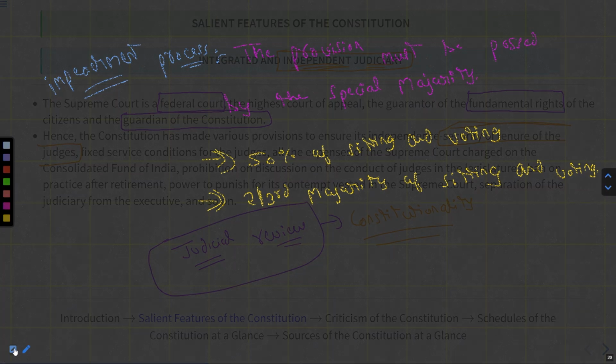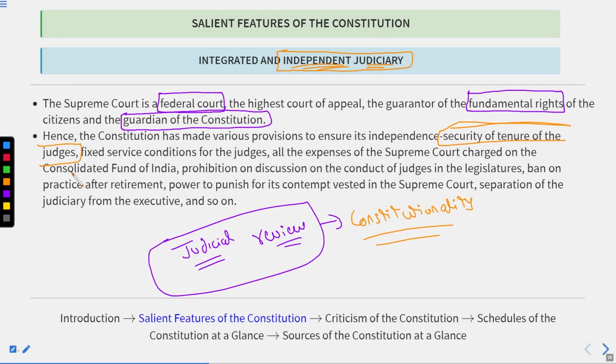All right. So that gives the security, or the secure tenure, to the judges.